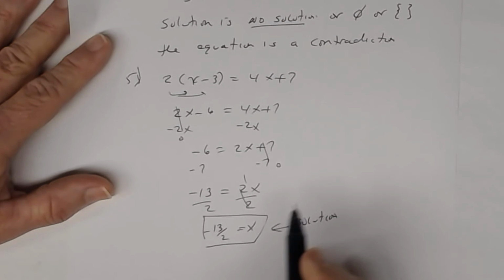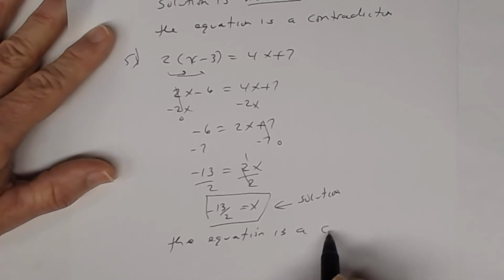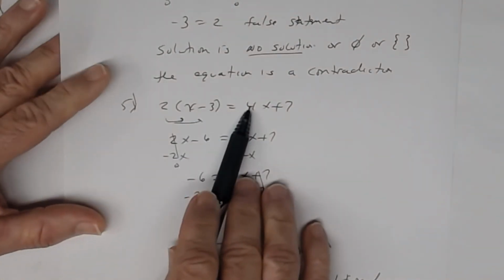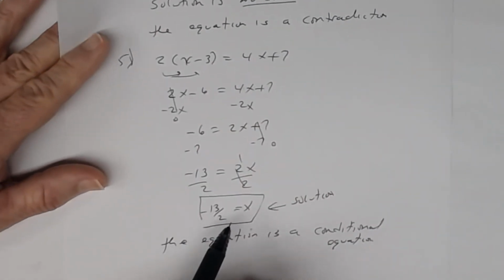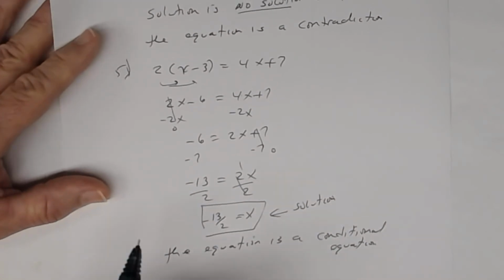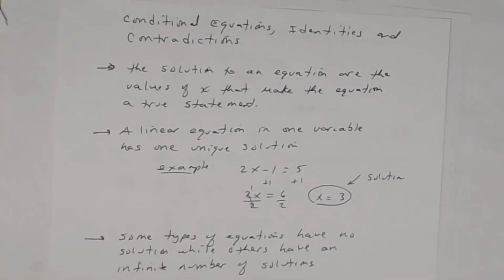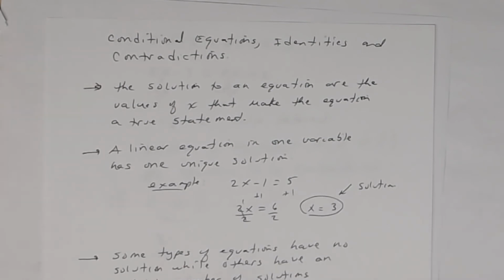So since it has one solution, the equation is a conditional equation. So this equation is true only under the condition that x is this number. All right, so that's very simple. It's not a difficult process, but that is our lesson on conditional equations, identities, and contradictions.